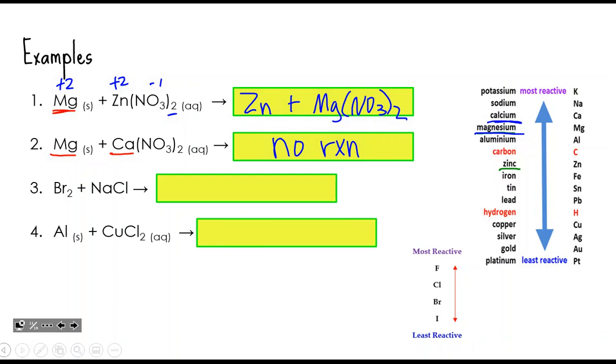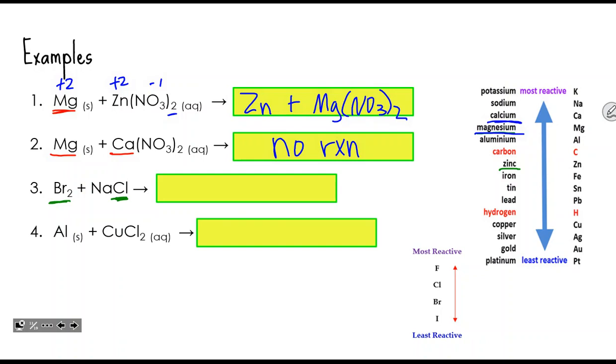Yes. Now let's look at number 3 though, because this one's a little bit different. Number 3 here, we've got bromine, and bromine is a nonmetal. So which one is it going to switch with in there? If it were to switch with it, is it going to switch with the sodium or the chlorine? It can switch with the chlorine, because a nonmetal is going to switch with the nonmetal.